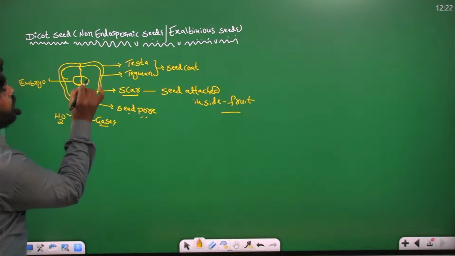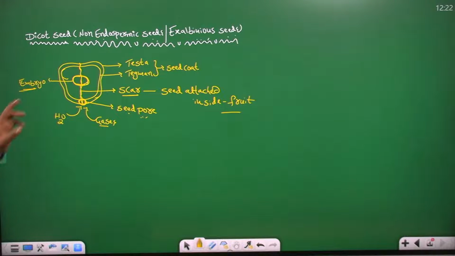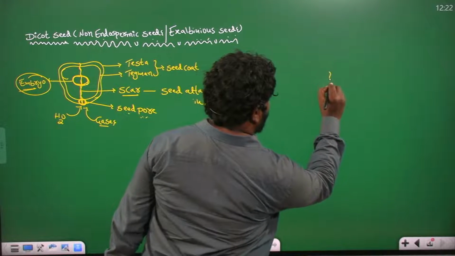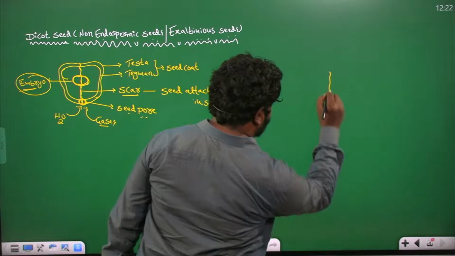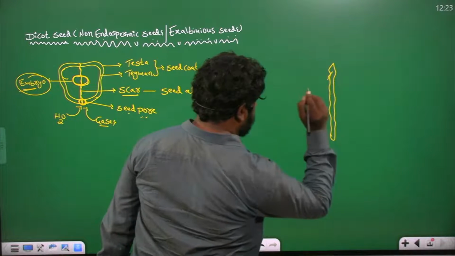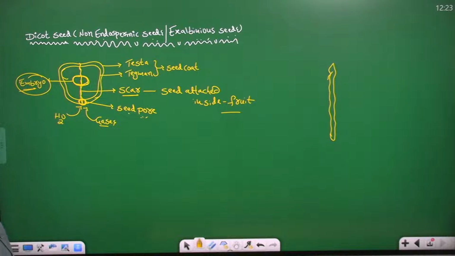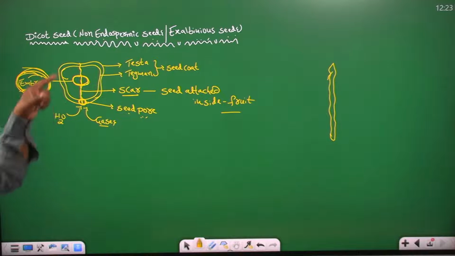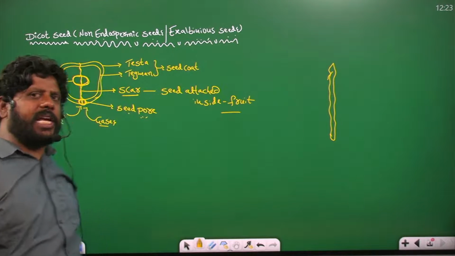Inside the dicot seed, which one is present? The dicot embryo is present. Here I am explaining the embryo outside separately. Very important. In the structure of the embryo, one longitudinal axis is present like this. In the structure of the dicot embryo, one longitudinal axis is present.